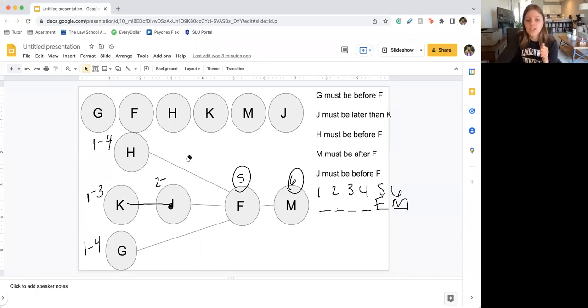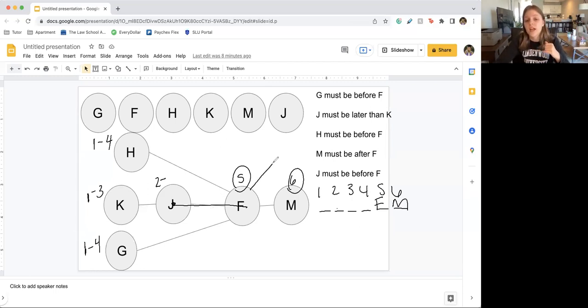The latest that J can go: we're going to figure out how many variables have to come after it, and we're going to follow our chain, F, M. I'm only going forward. I can't go back. I should probably clarify why I can't pick up my pen and follow my path to H: that's a zigzag. We're not zigzagging or going backwards, we're only going forwards.